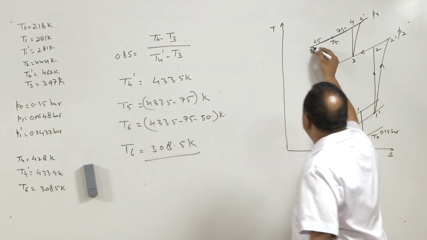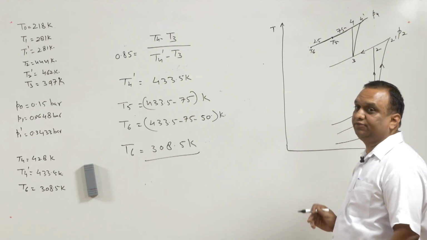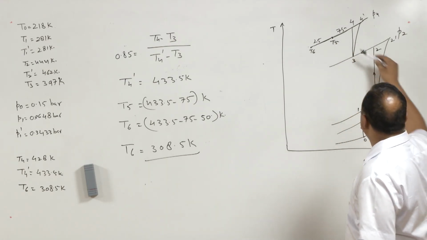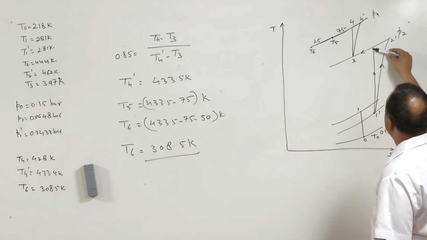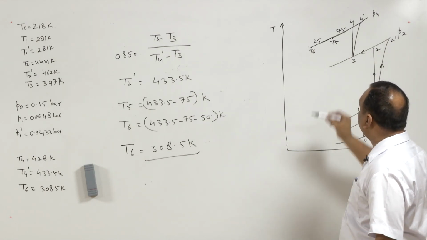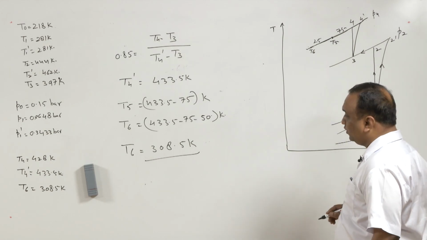Now, the air available here shall expand, but pressure we do not know right now. We know the pressure ratio between this and this, but the absolute pressure at this state 6 is not known to us.